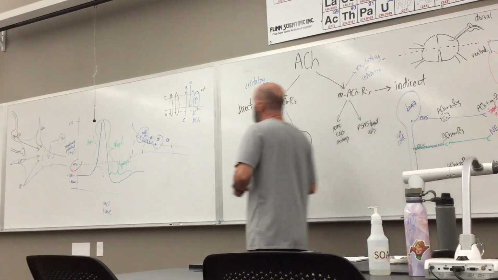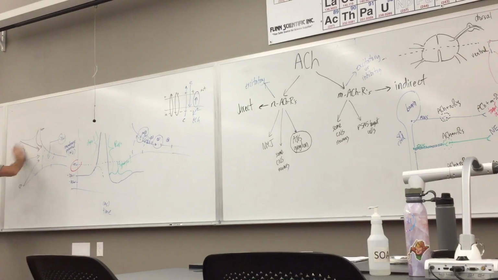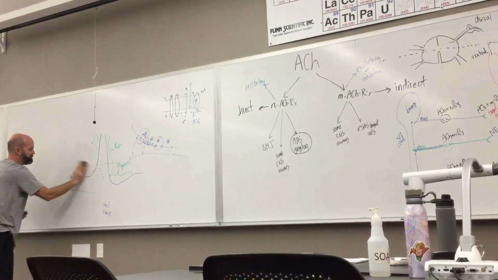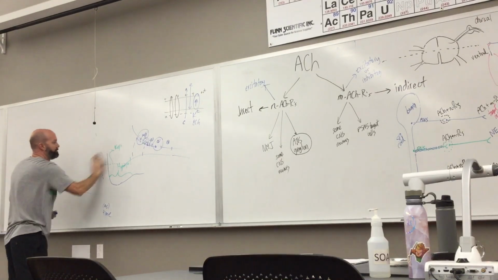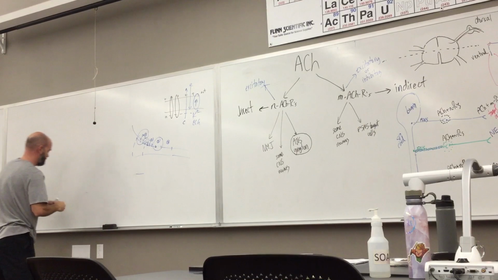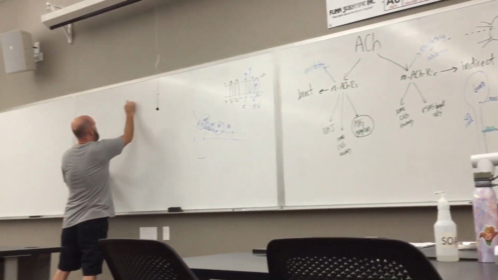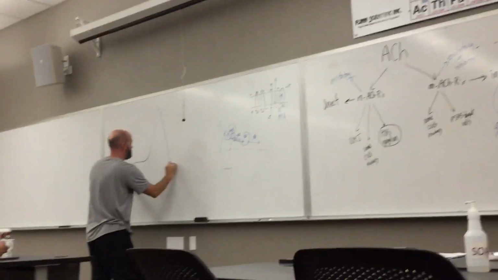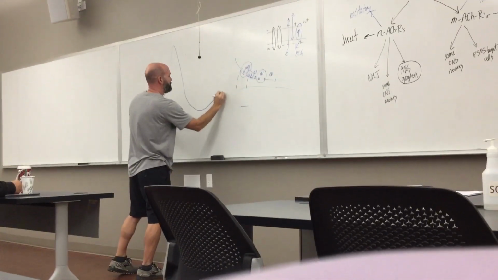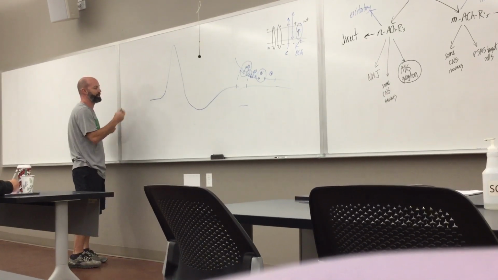Be able to mark it on your graph and explain what's happening. So where do we start the absolute refractory period?